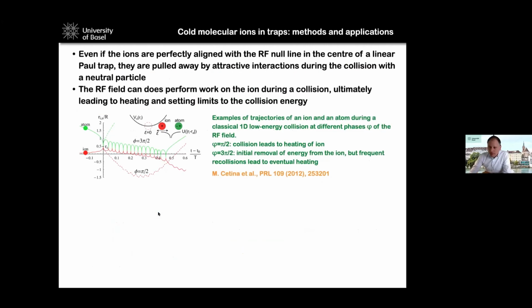So even if one manages to do that, as good as one can reasonably do, then in such a hybrid trapping experiment, there is still a complication.